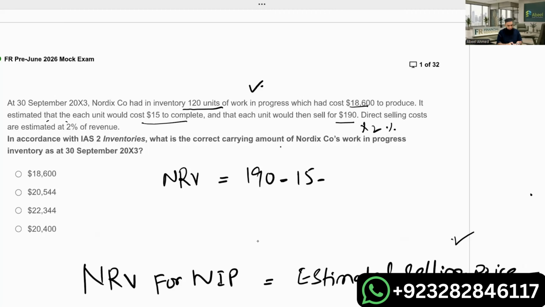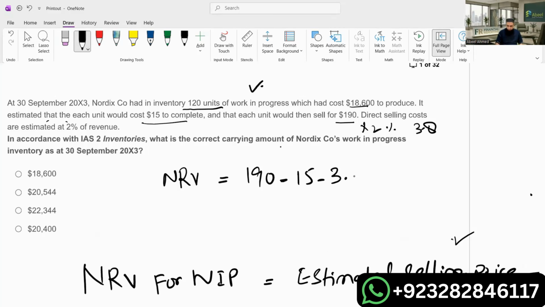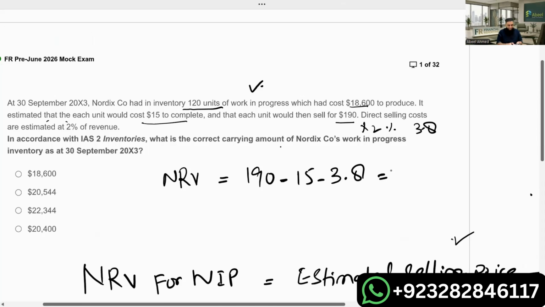If I take 2% of 190, students, I am getting 3.8. So my direct selling cost per unit is 3.8. Here comes your NRV: 190 minus 15 minus 3.8, I am getting NRV per unit of 171.2.